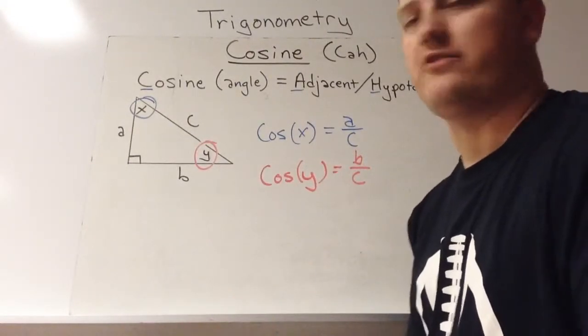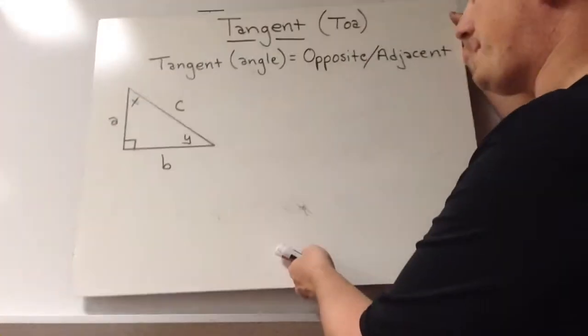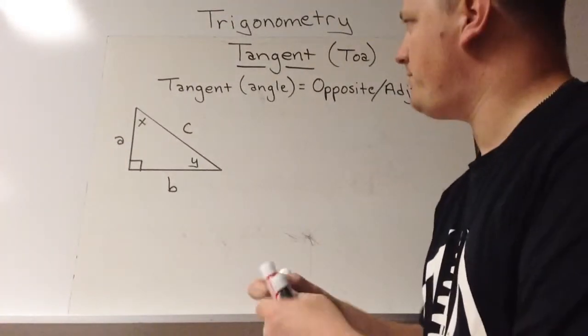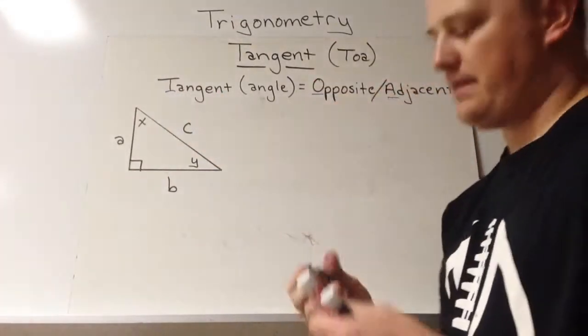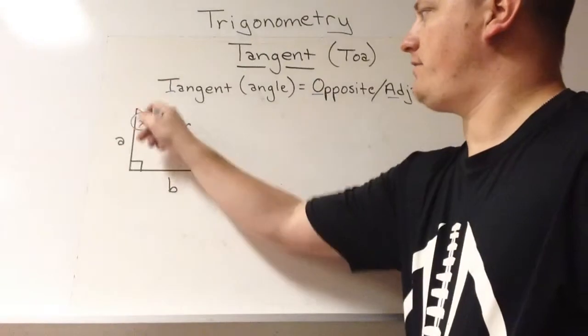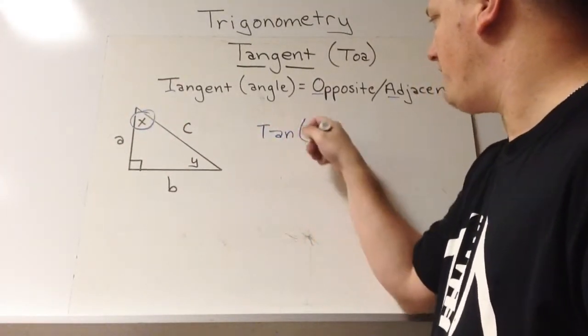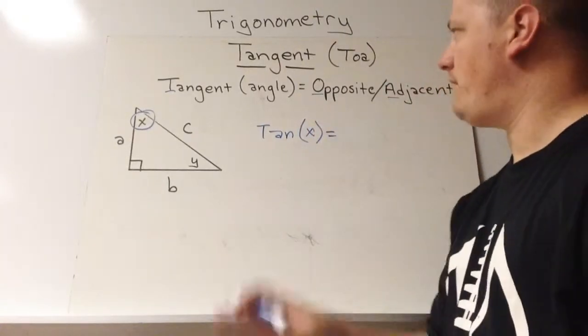And lastly is tangent. So for tangent problems, again, we have TOA. So we'll start with x. I'm going to use the abbreviation, so we use tan of x equals, well, we want opposite.